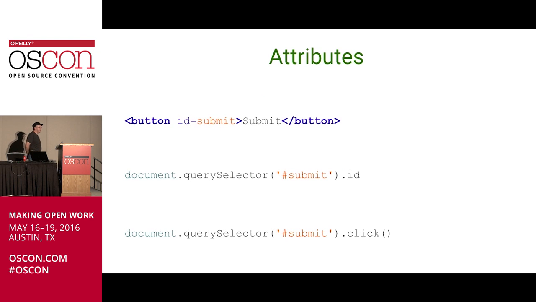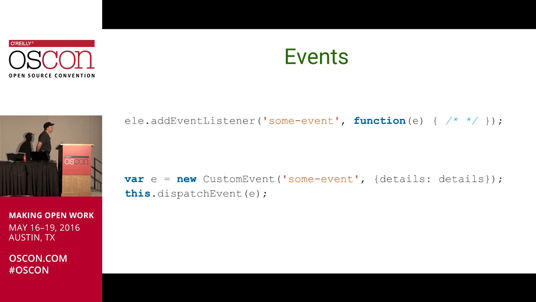Right? If you can start creating custom elements, you can inject yourself in there. So if I have a button, I could have attributes on those. I can then look for things that have that ID. I can click on those things. Events: I can actually add event listeners.